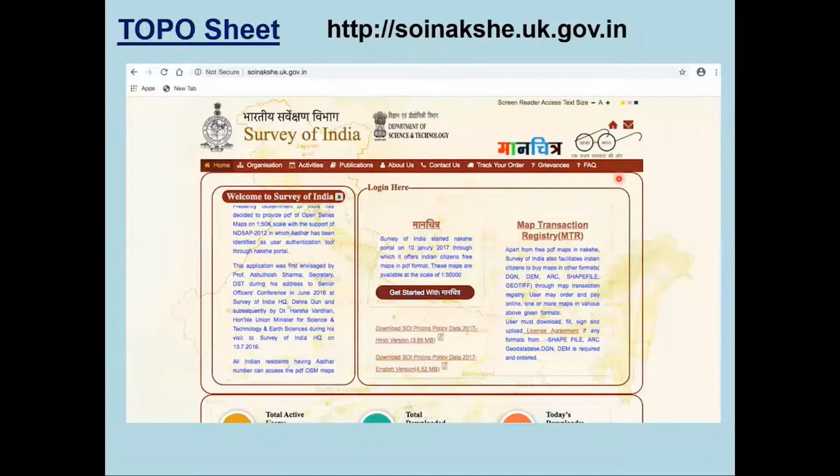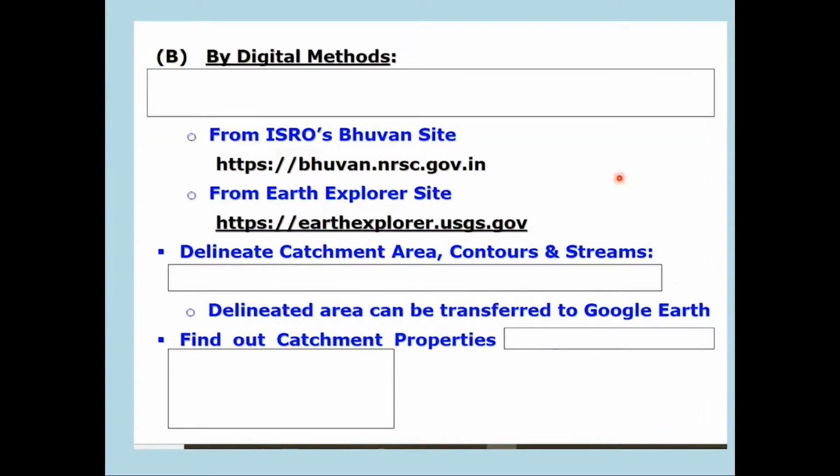So this is the topo sheet, how you can reach there, and this slide will come. There will be a detailed class the day after tomorrow on how to use this site to find these parameters by using the Bhuvan map and Google Earth. That will be a complete full class, but I am just giving some slides for that.